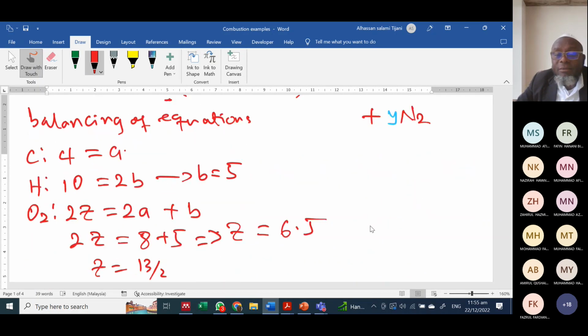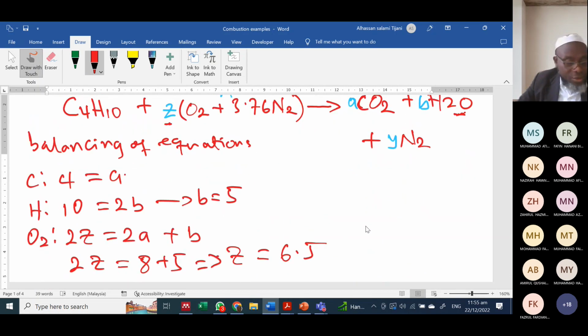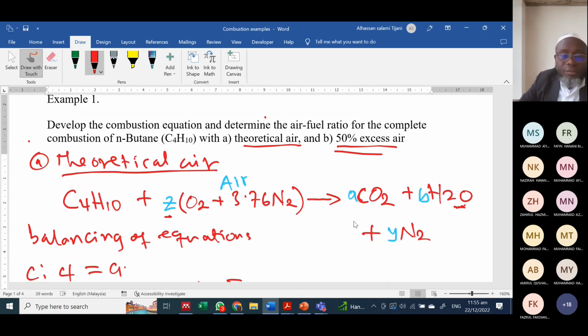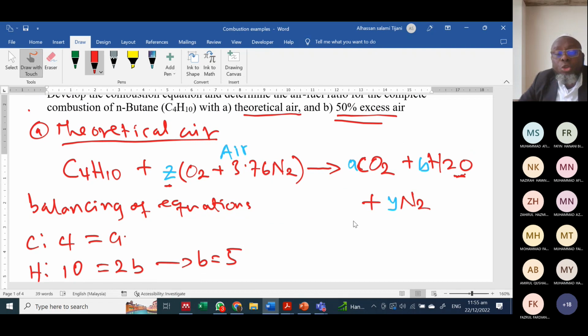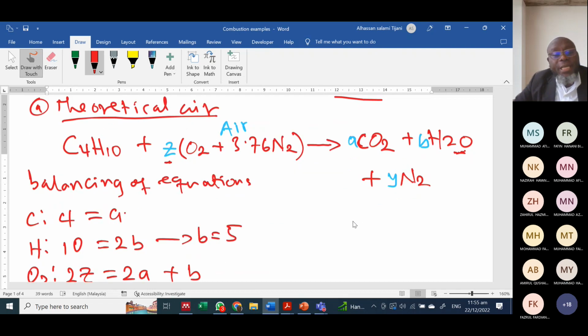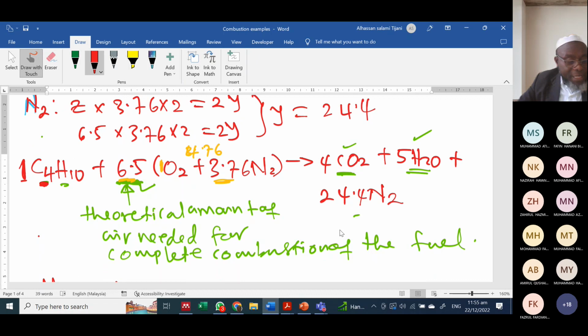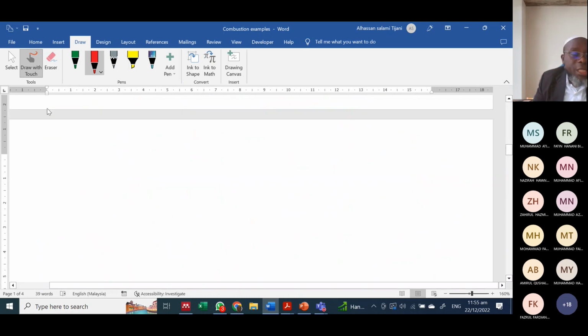50% excess air. So this time around, we want to use the same procedure, but this time we want to use 50% excess air. So now for 50% excess air, let us see how the situation is going to be.